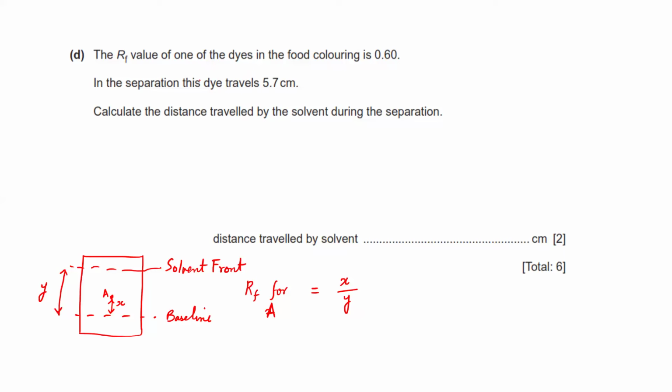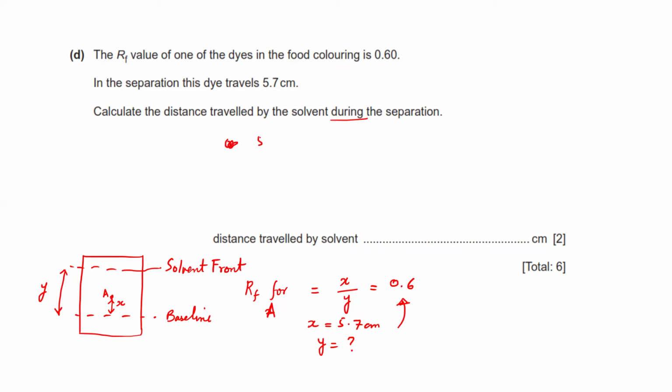For this case, the RF value of one of the food dyes is given as 0.6. In the separation, this dye travels 5.7 centimeters, so X is equal to 5.7 centimeters. We have to calculate the distance traveled by the solvent, Y. So simply put these values in the formula.